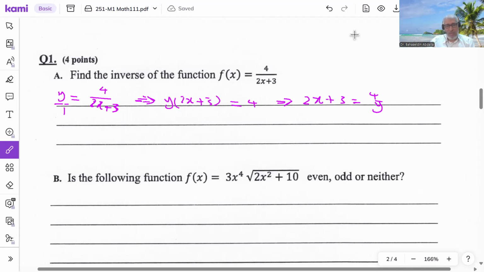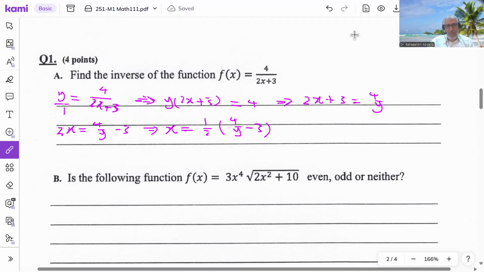And then I take 3 to the other side, so I'll have 2x equals 4 over y minus 3. And then I divide by 2. Well, to divide by 2 and avoid having a complex fraction, I will write it half times 4 over y minus 3.